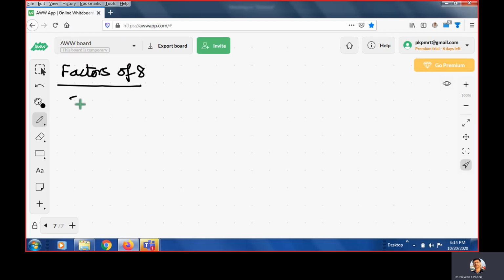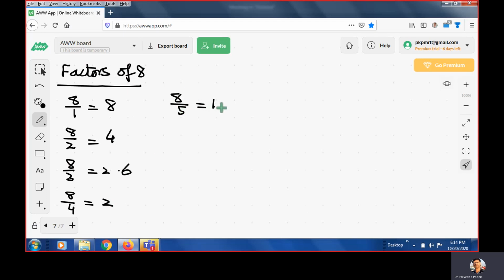We will start with 1. 8 upon 1 is 8. 8 upon 2 is 4. 8 upon 3 is 2.6. 8 upon 4 is 2. 8 upon 5 is 1.6. 8 upon 6 is 1.3. 8 upon 7 is 1.1. And 8 upon 8 is 1.